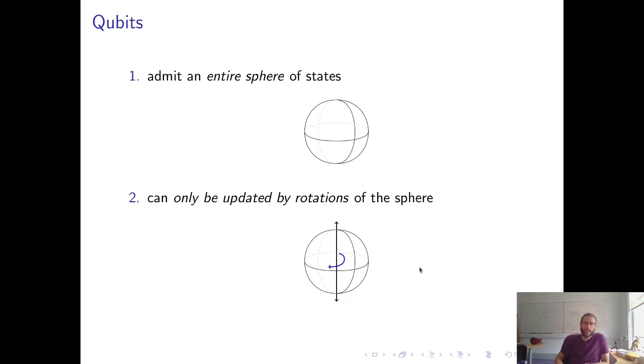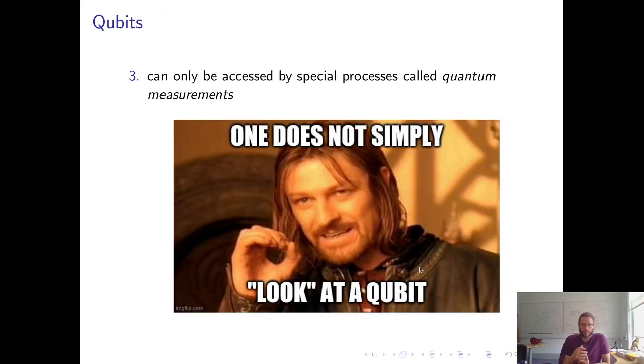So I can think of the state of my qubit as some point on the surface of this sphere, and I can change it by rotating the whole sphere to move it somewhere else. And crucially, qubits can only be accessed by special processes called quantum measurements. Doing a measurement actually destroys the qubit, or at least it changes its state in a very drastic way.